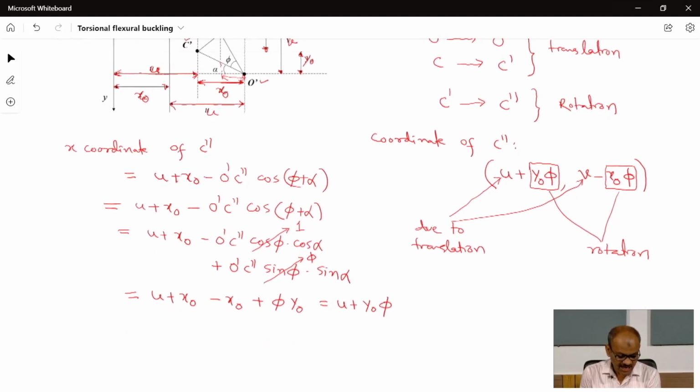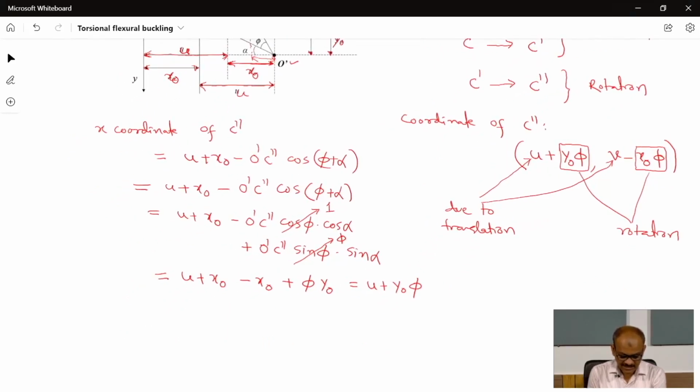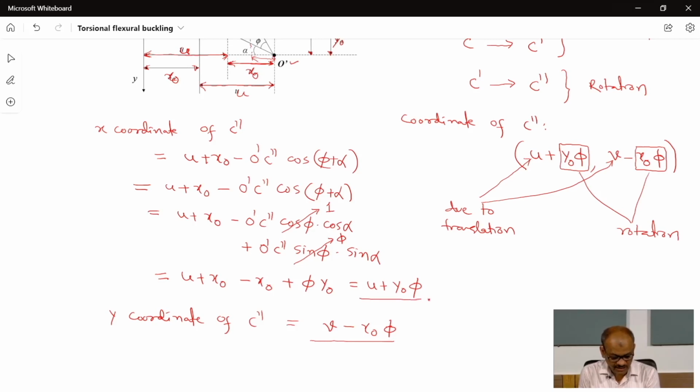This is the X coordinate of C double dash. Similarly, we can derive the Y coordinate of C double dash as V minus X naught phi. So we got the coordinates of C double dash, that is U plus Y naught phi and V minus X naught phi.